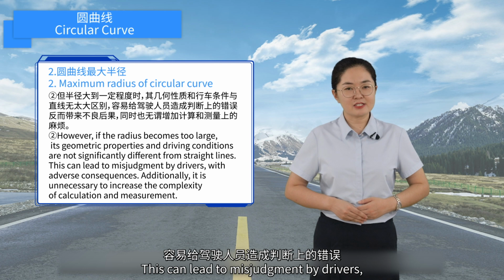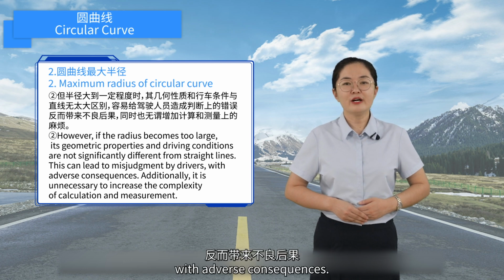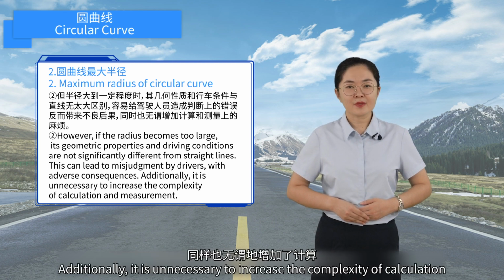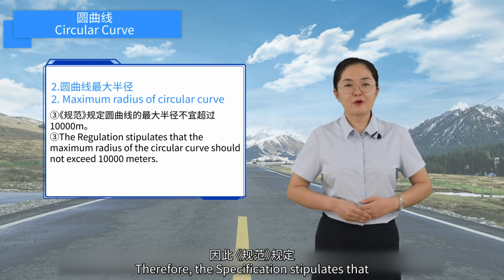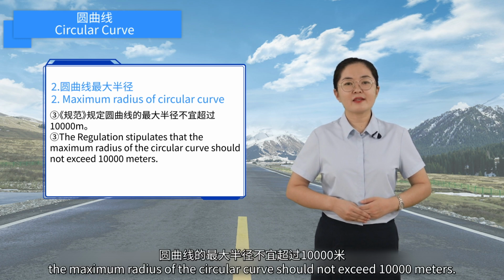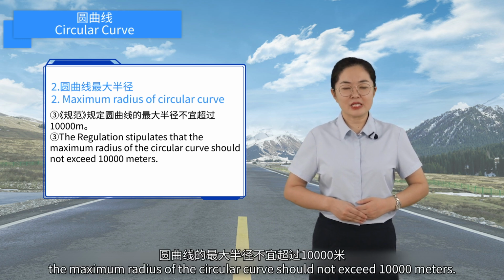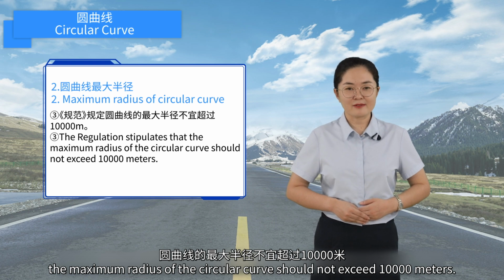This can lead to misjudgment by drivers, with adverse consequences. Additionally, it is unnecessary to increase the complexity of calculation and measurement. Therefore, the specification stipulates that the maximum radius of the circular curve should not exceed 10,000 meters.